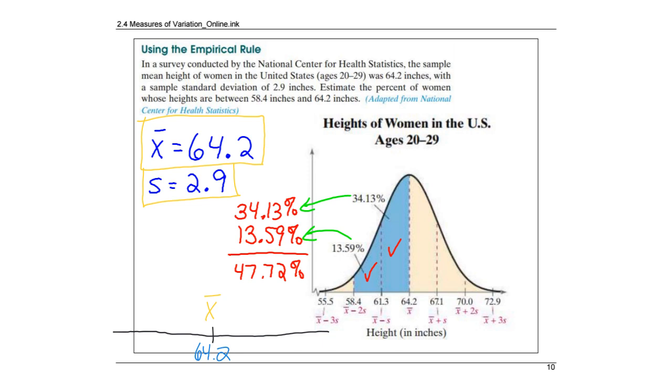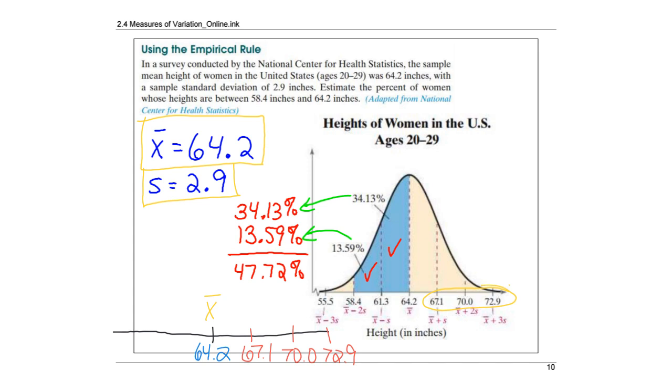This very next tick mark is going to be the 64.2 plus the standard deviation, so plus the 2.9. That's going to give me 67.1. Then I'm going to add 2.9 again. That's going to give me 70.0. And I'm going to add it one more time and get 72.9. Okay, that's how they got these numbers that are on the number line.